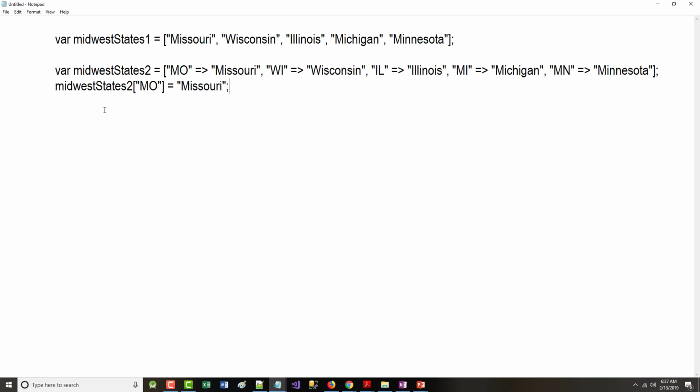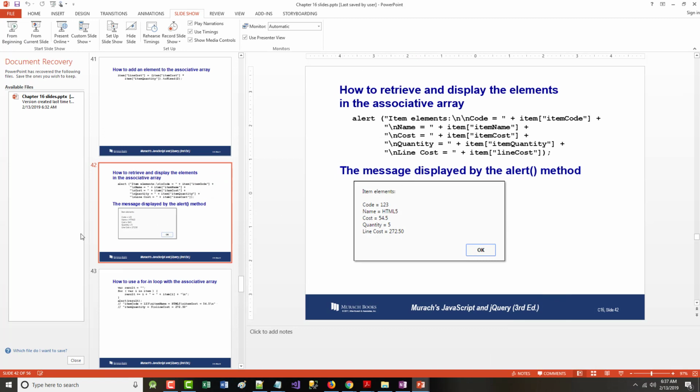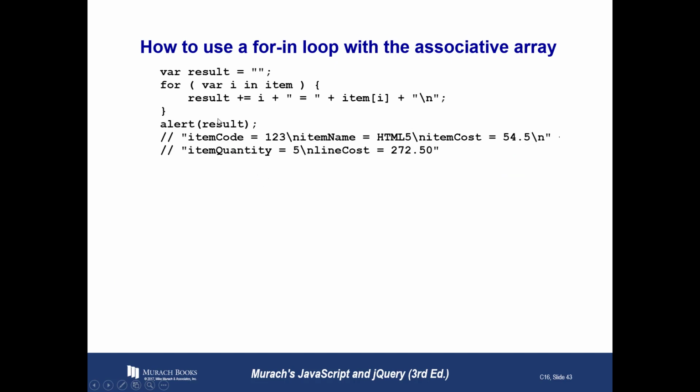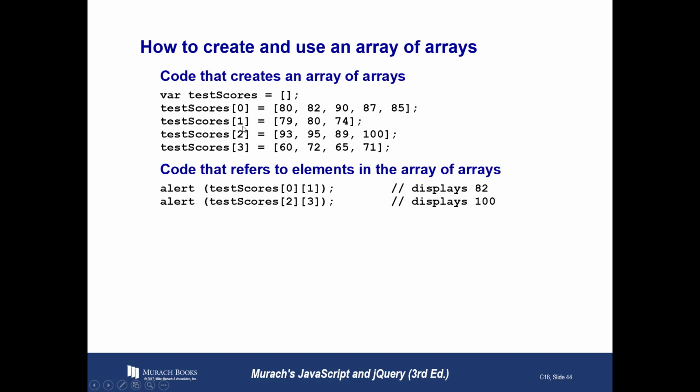Hopefully you get the idea. Instead of using numbers here for our indices, we're using strings. Makes your program a little bit more self-documenting, if nothing else. All right. Use for in loops with those.